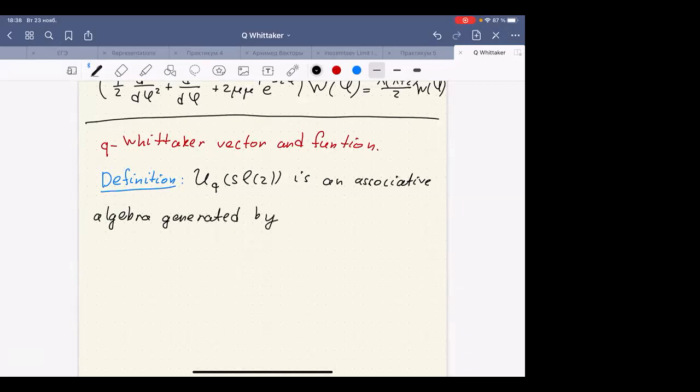Generated by 3 or 4 elements, as you like.